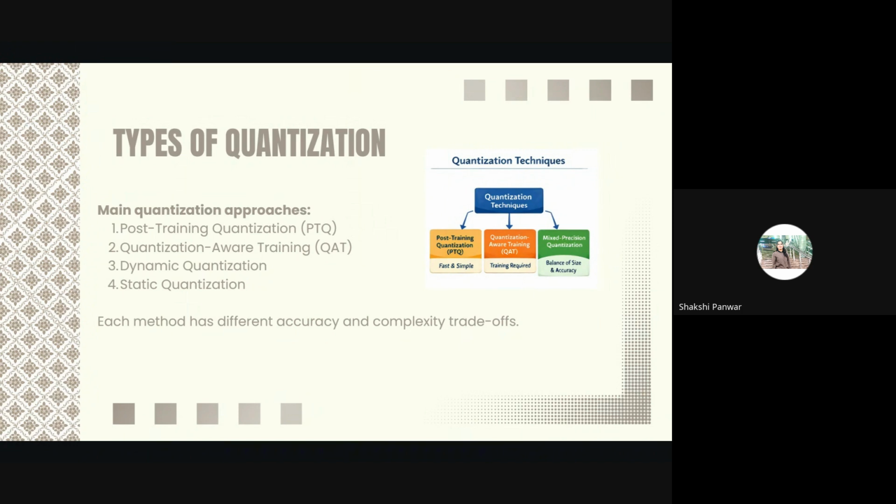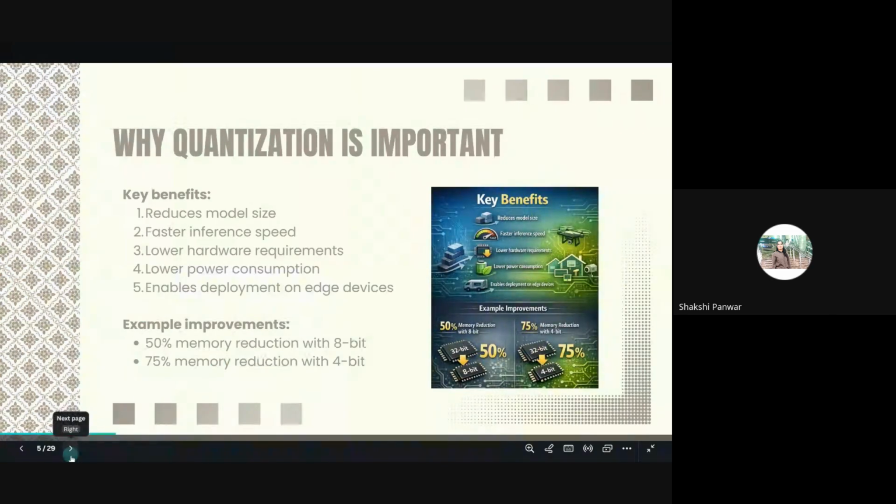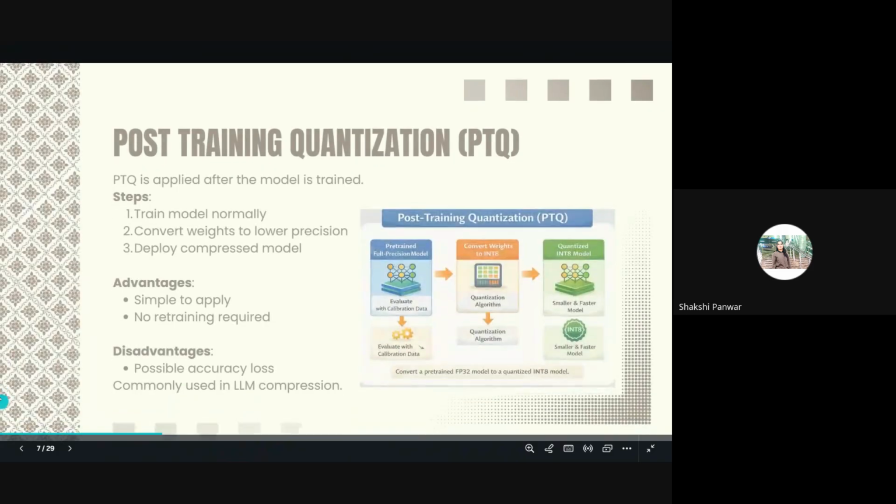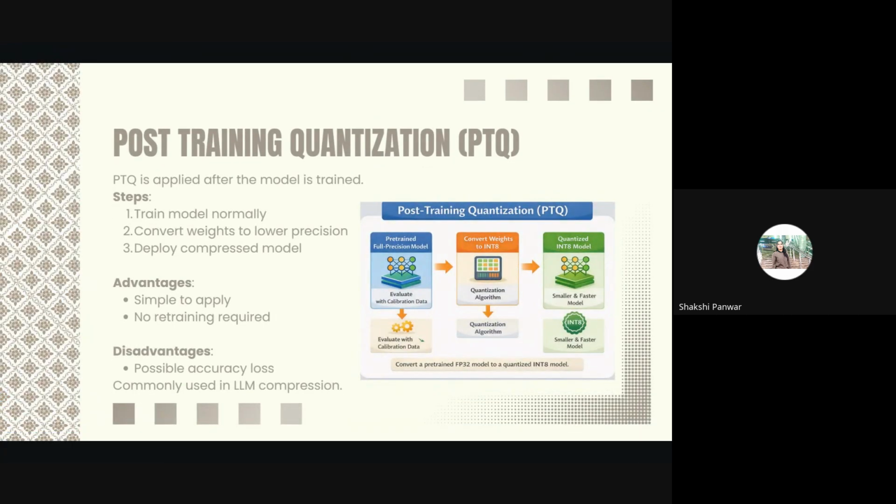What is post training quantization, PTQ? The first and most widely used method is PTQ. In the diagram, we start with a pre-trained full precision model, evaluate it with calibration data, and run it through a quantization algorithm, and the result is a quantized int8 model, smaller and faster.